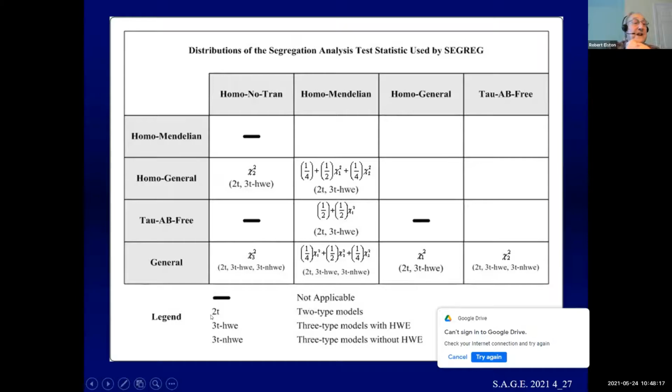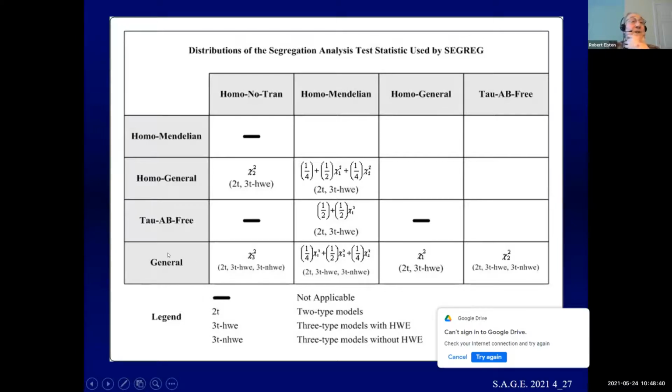And in this case, 2T is a 2-type model, 3T is a 3-type model with Hardy-Weinberg equilibrium, and then 3T NWH. We can't have that here because it's homogeneous. That's a 3-type model without Hardy-Weinberg equilibrium proportions.